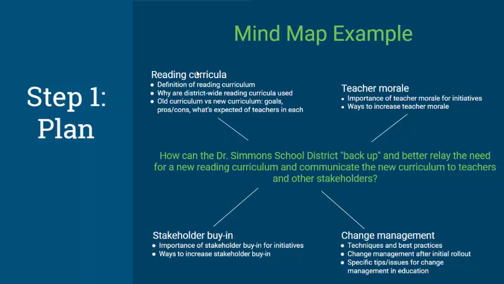Why is there all this flap about a reading curriculum? Teacher morale seems to be a big problem. Okay, so I need to talk about teacher morale. There were other stakeholders mentioned. Maybe I need to talk about them. And then the entire issue is around change management, right? They did not think through the change management process. They didn't think about any of the pitfalls. So I need to talk about change management and why it's important. So those are my really big major ideas.